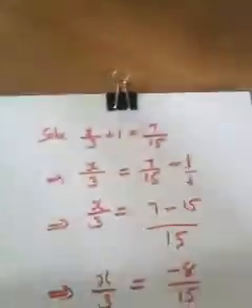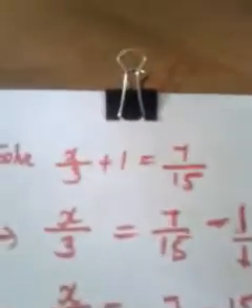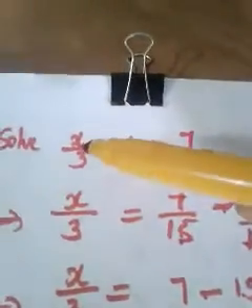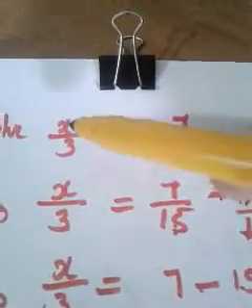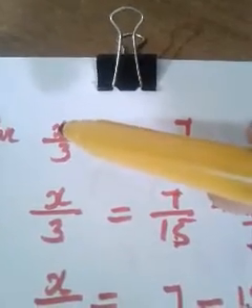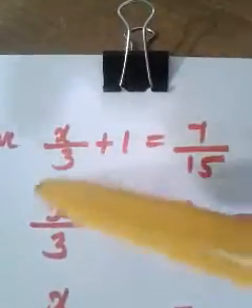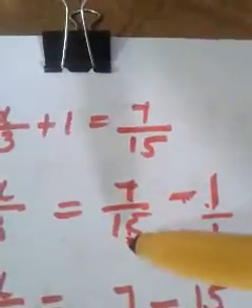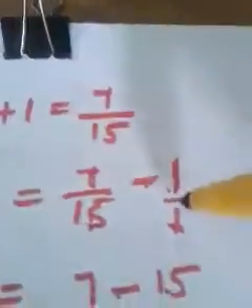Let me repeat the method once again. So this is your question: x by 3 plus 1 is equal to 15. What I did is just maintain x by 3 in the left side because they are friends. I cannot separate x at the very first step, since the operation is division. What I'm going to do is write 7 by 15 as it is. Take this plus 1 to the right side, it becomes minus 1.